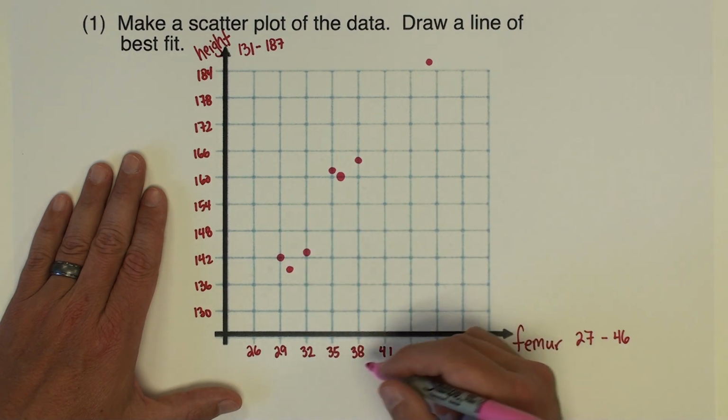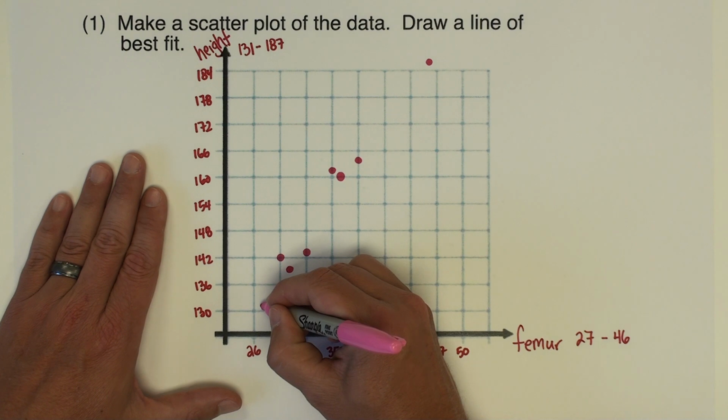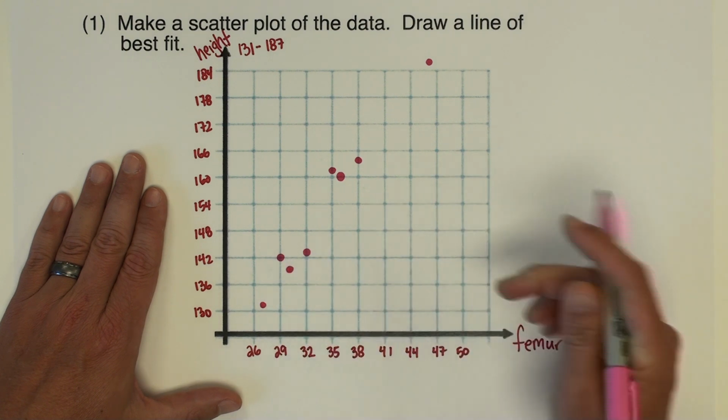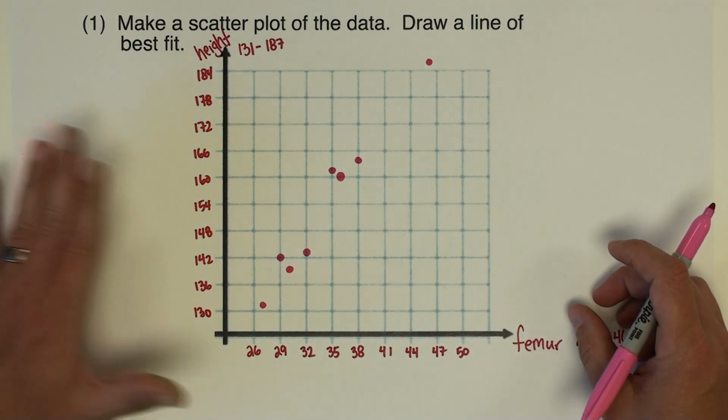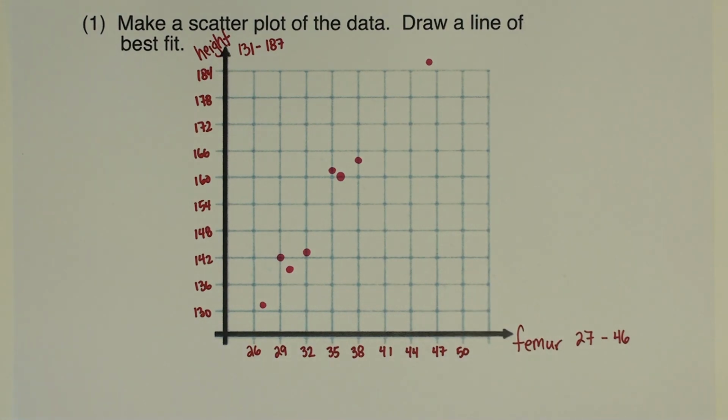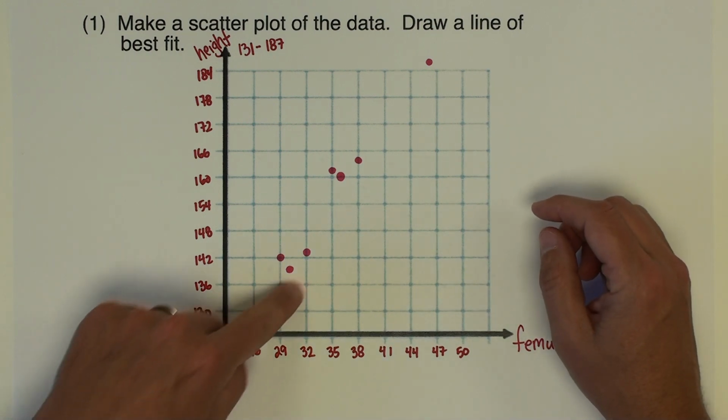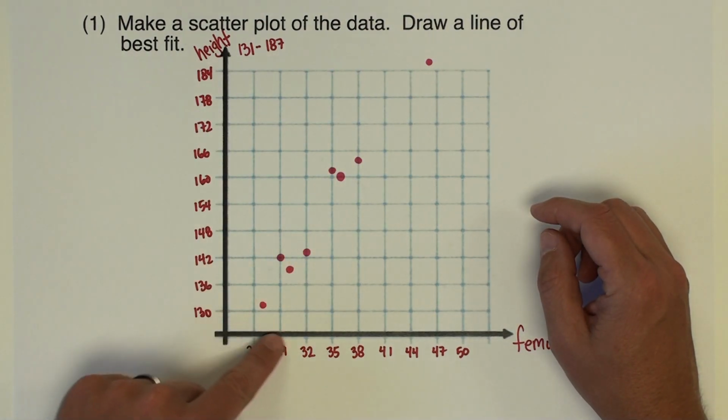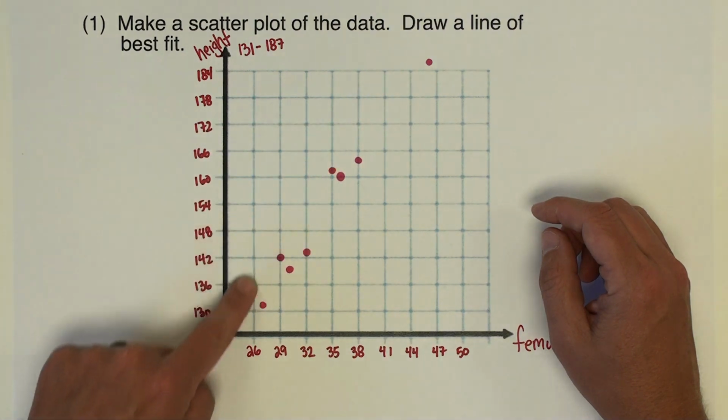And finally, 27, 131. About like that. So there's my scatter plot of the data. If you can see the line, it definitely looks like we've got a cluster of points here that live on a line.